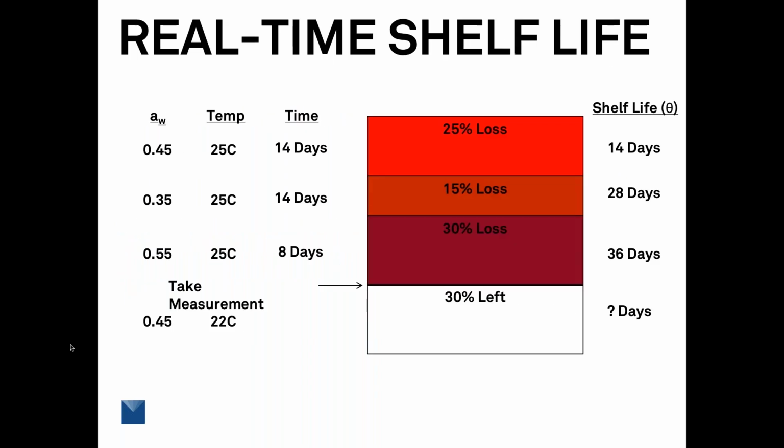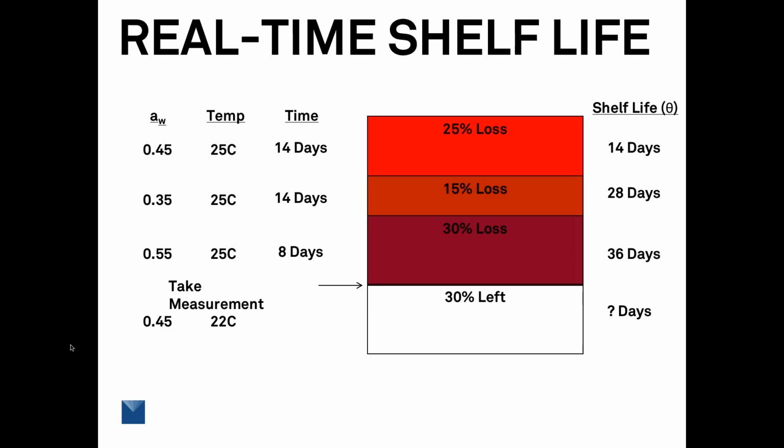And so what that ends up allowing us to do is to identify real-time shelf life, where we can plug in a water activity and temperature event and the time that it's spent in there, and then figure out using our model what percentage of loss occurred during that time. Typically with previous shelf life models, you basically were forced to give it a set of conditions, and then it estimates the shelf life under the assumption that the conditions are going to remain the same for the entire time that the product is stored.